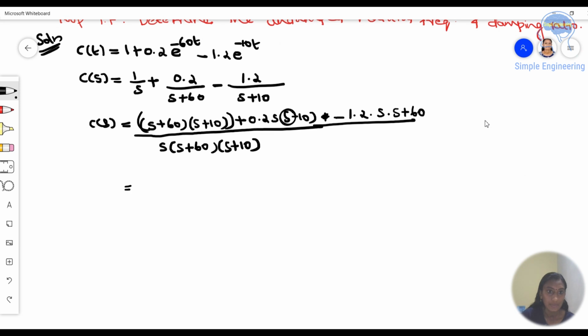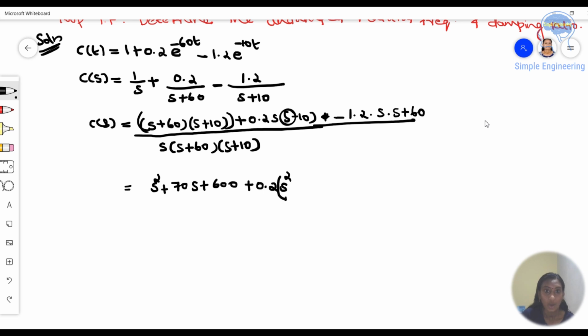So s plus 60 into s plus 10 will become s square plus 70s plus 600, that is 60s plus 10s, it will become 70s plus 600.